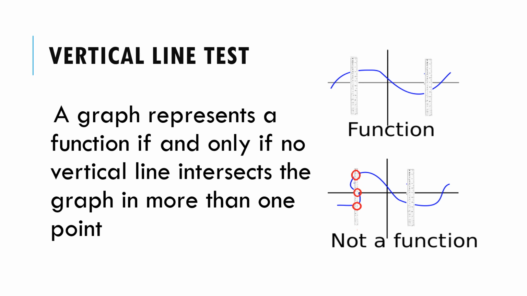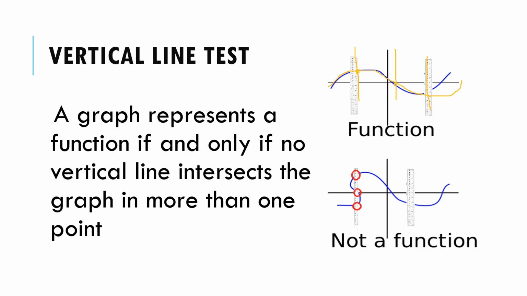So, ibig sabihin nito, kung meron tayong graph, maglalagay tayo ng vertical lines, kahit saang part ng graph pa yan, okay? If sa bawat vertical lines, once lang siya nag-touch sa graph, then it is a function. So, this is a function.